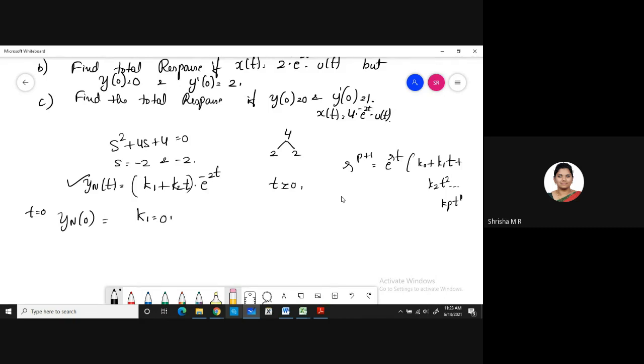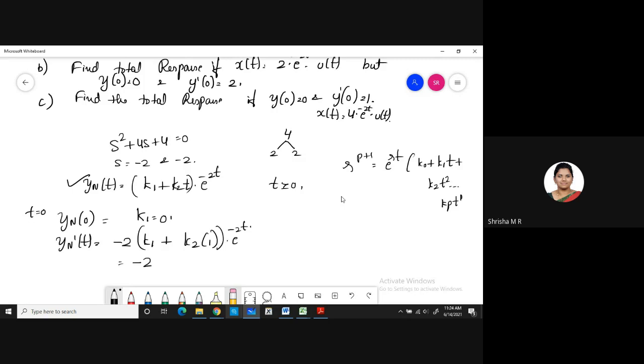Now if we differentiate, yn dash of t, you have minus 2 k1 plus k2 into 1 into e power -2t.